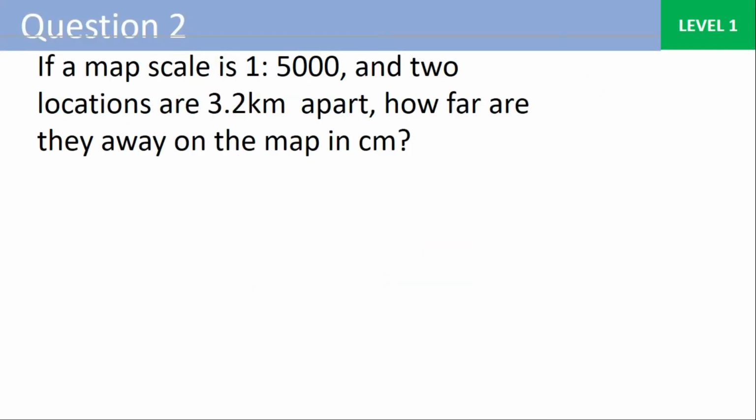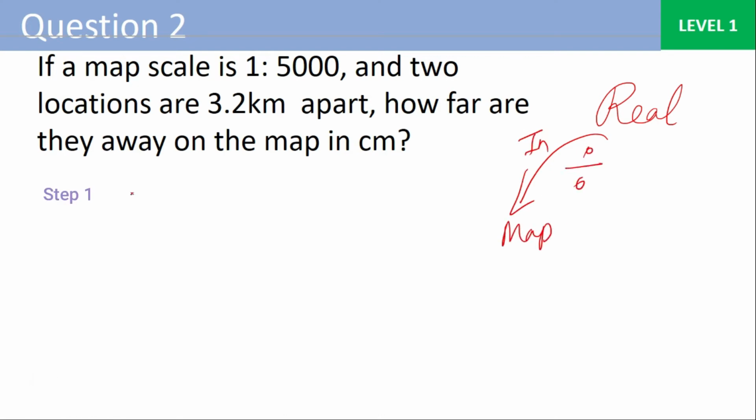Question 2. If a map scale is 1:5,000 and two locations are 3.2 kilometers apart, how far are they away on the map? We know from the reality into the map, we need to divide. So 3.2 kilometers will be changed to centimeters by multiplying with 100,000.